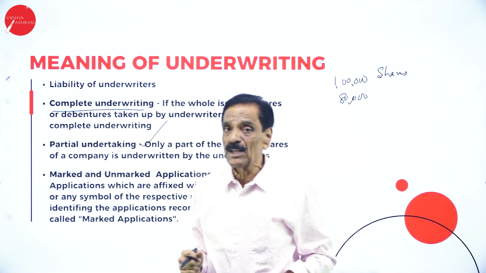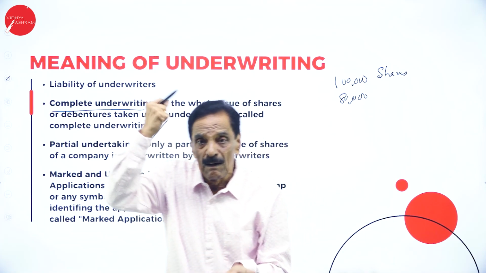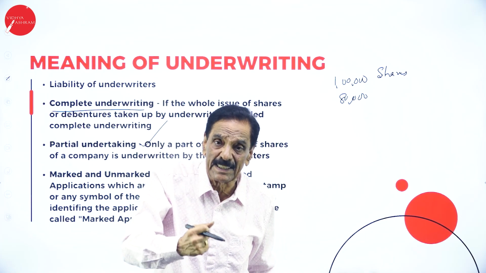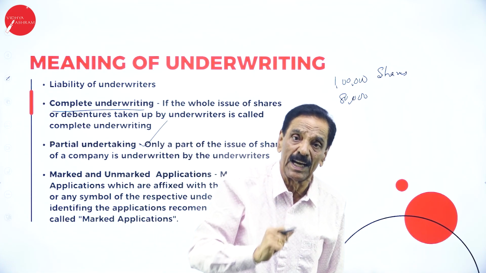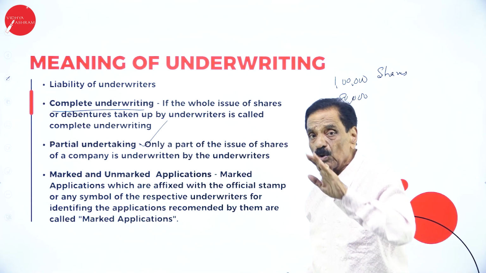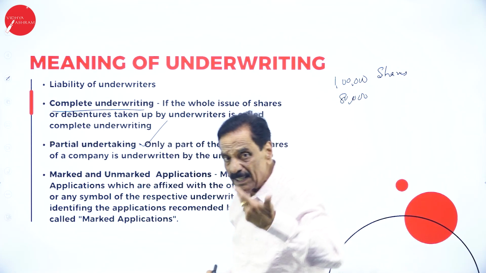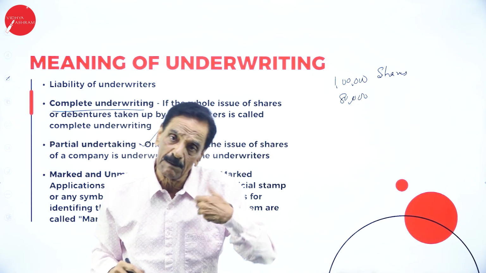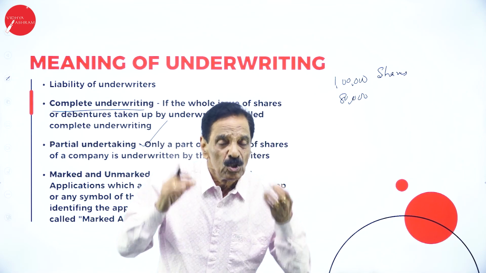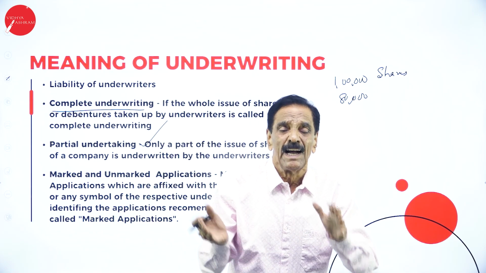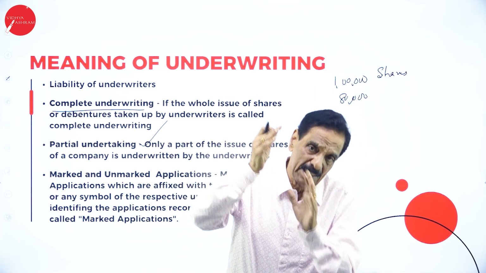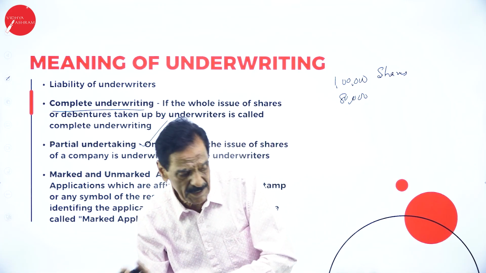Its representation affixes the stamp of X, Y, and Z, showing that we are responsible for selling these shares. That's called marked. So this is a mark of the underwriter. It may be X, it may be Y, it may be Z, so that the company can also understand how many shares have been taken up by X, by Y, and by Z.